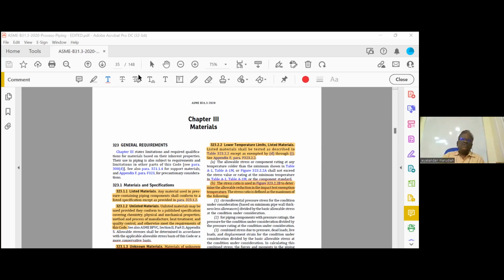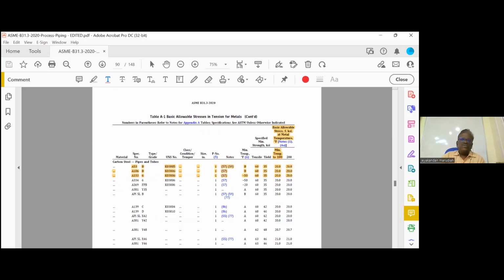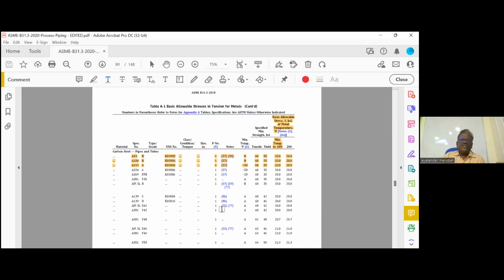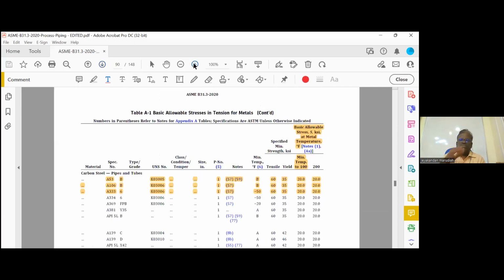So let us go to appendix A1 first. I will work it out. Please go to page number 170, appendix A1. You can see here A53 grade B. What is the minimum temperature given?